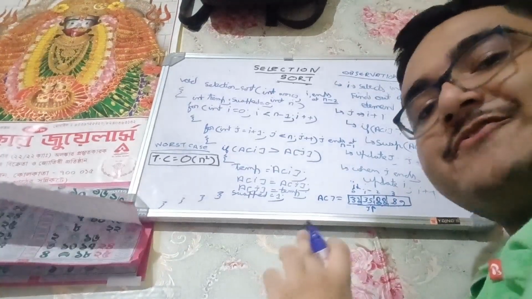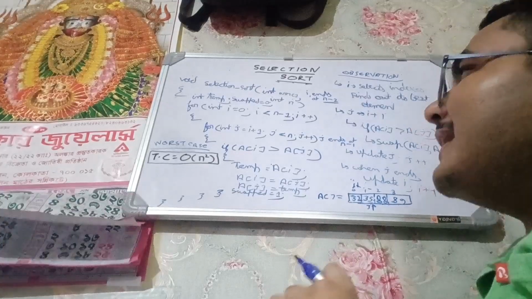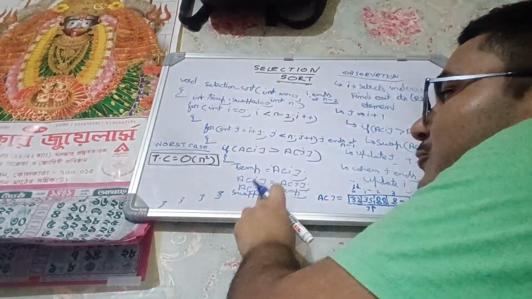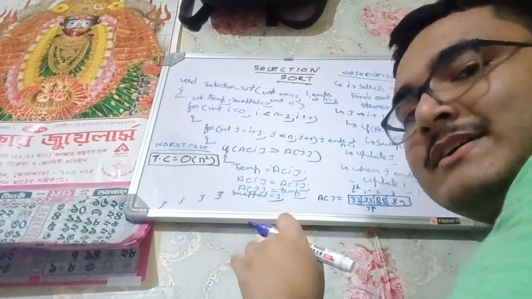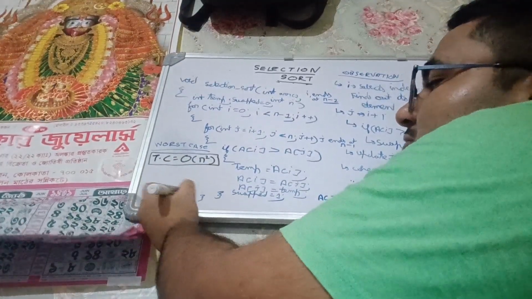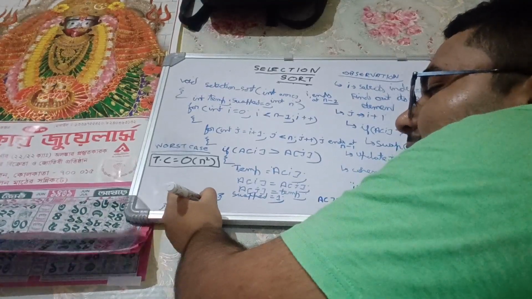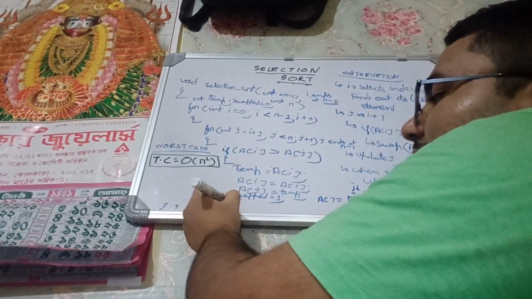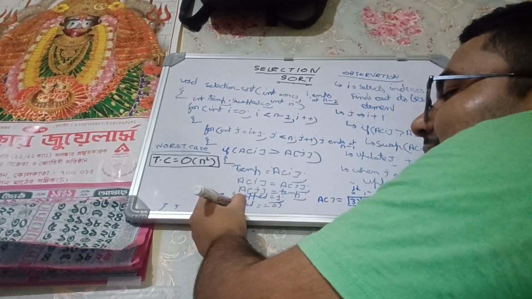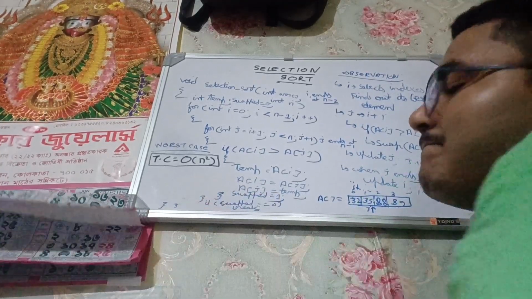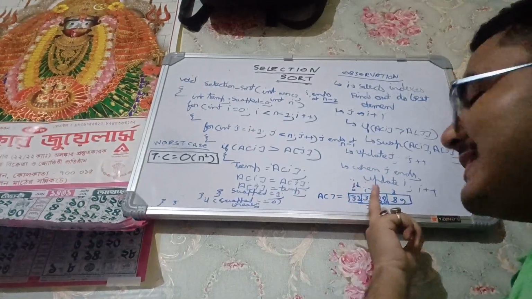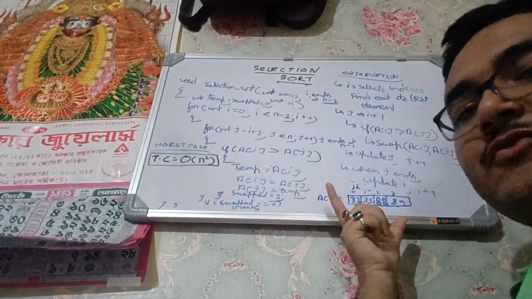But if swapping is never required in a particular iteration of j, swapped will never turn 1. Then outside the j loop, if swapped equal to 0, then we can break. So the I loop will stop. At max, j will run for once.